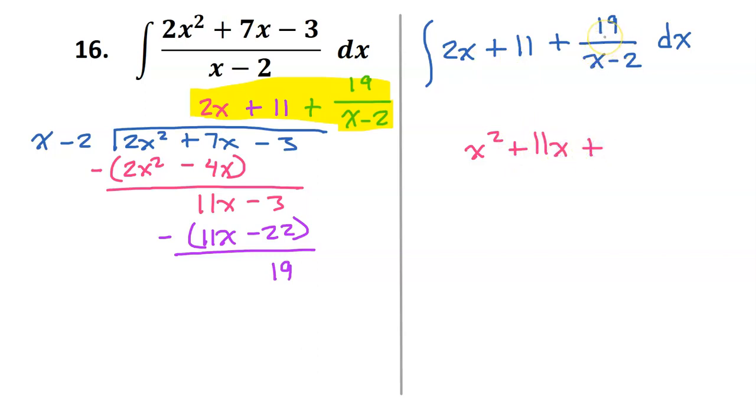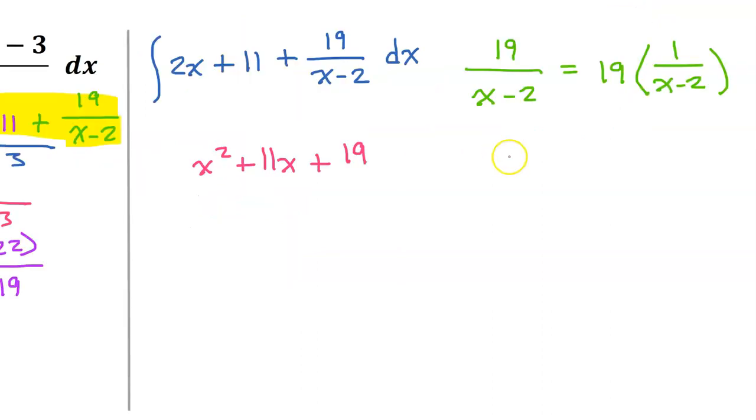So the 19 in the numerator, I'm just going to put that in the front. So really I'm looking at the rest of this as 1 over x minus 2. So I brought down the 19, and now I'm going to integrate 1 over x minus 2. So this is going to be natural log.